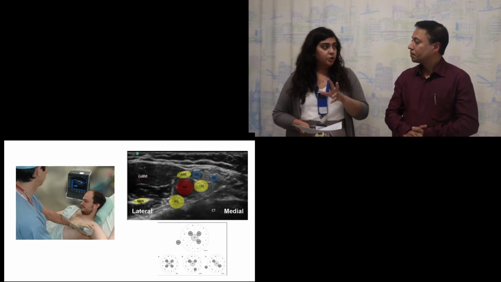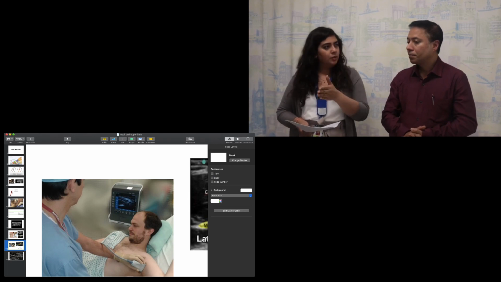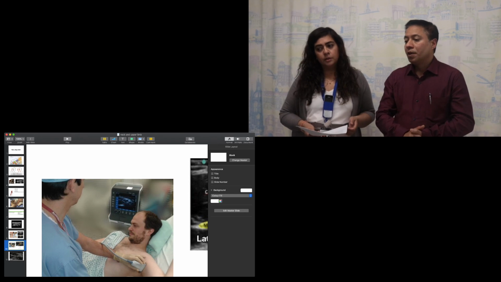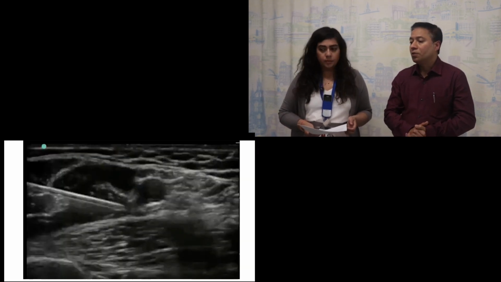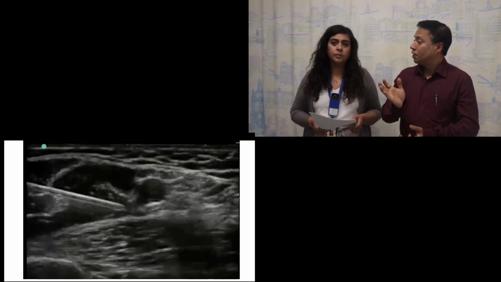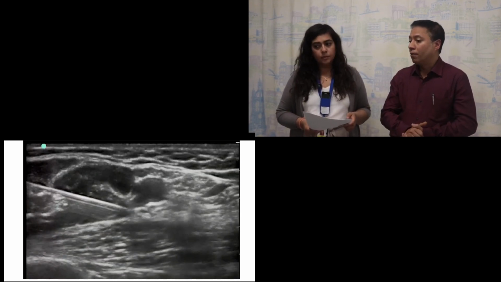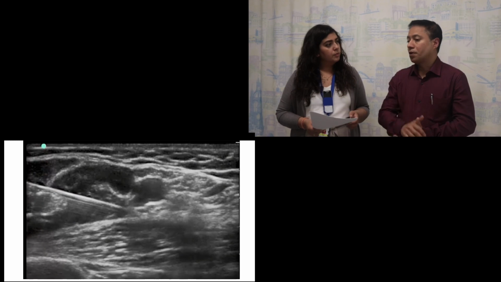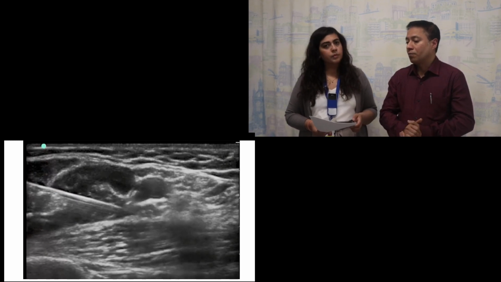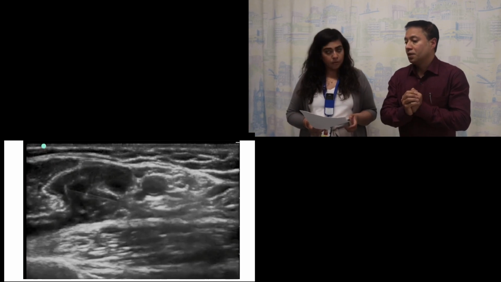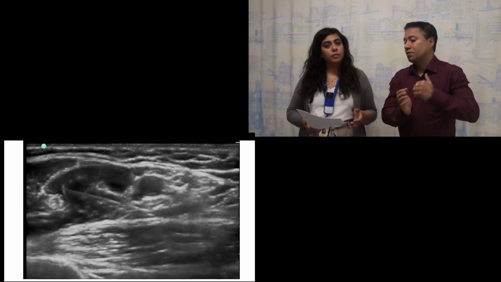And given that there are so many nerves, what is the sequence of blocking these nerves? Now, you would see in the video. Essentially, you need to get the radial nerve first, because it is a big nerve and it can take a while to actually get blocked. My target would be to keep the left side of the screen as the biceps, so I approach from the left side of the screen.